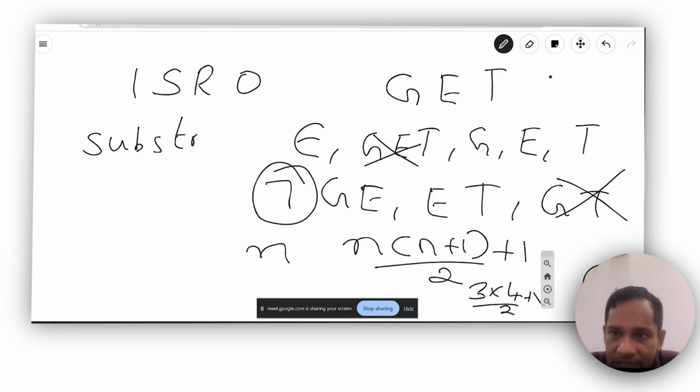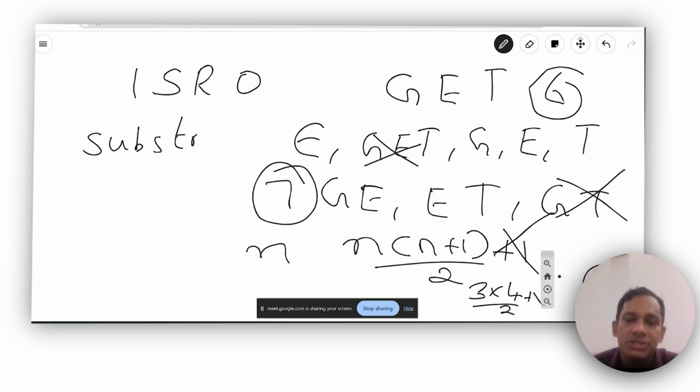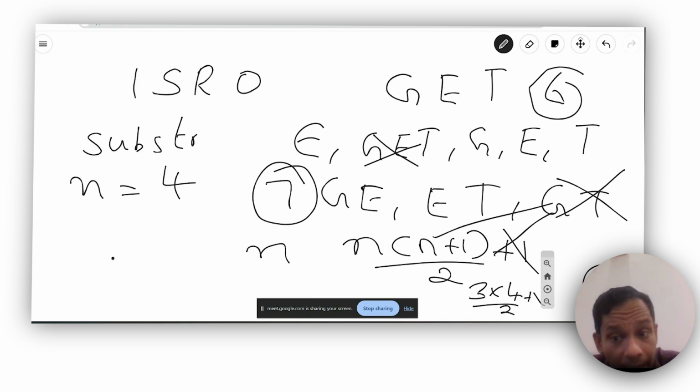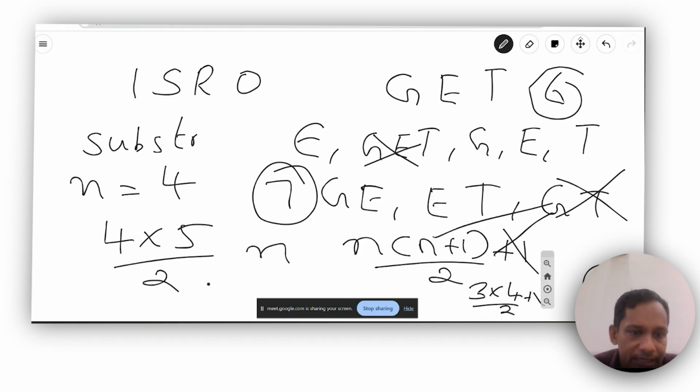So how many proper substrings are there? 6. It is n into n plus 1 by 2, with the plus 1 avoided. Now taking ISRO, what is n here? 4. So what's the formula for proper substrings? n into n plus 1 by 2. So it is 4 into 5 by 2, which is 10.